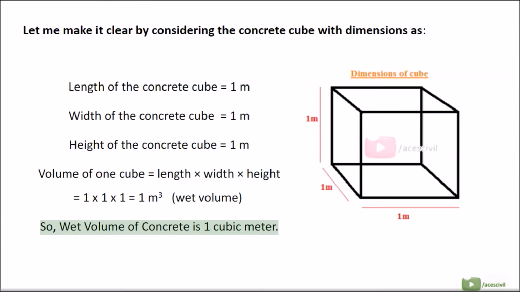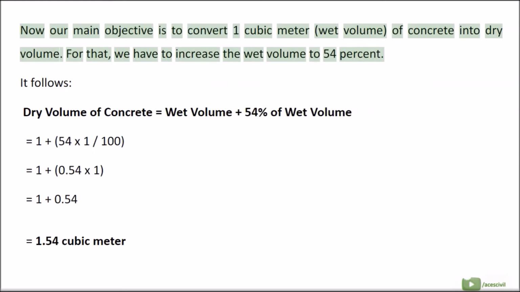So the wet volume of concrete is 1 cubic meter. Now our main objective is to convert 1 cubic meter, wet volume, of concrete into dry volume. For that, we have to increase the wet volume by 54%.